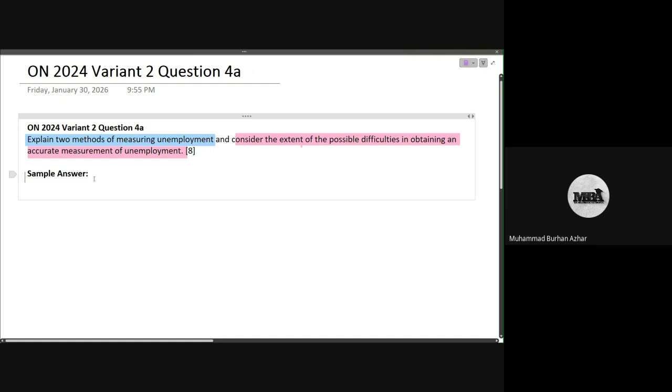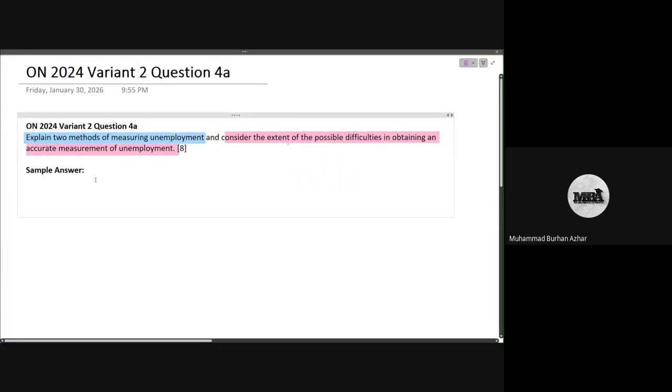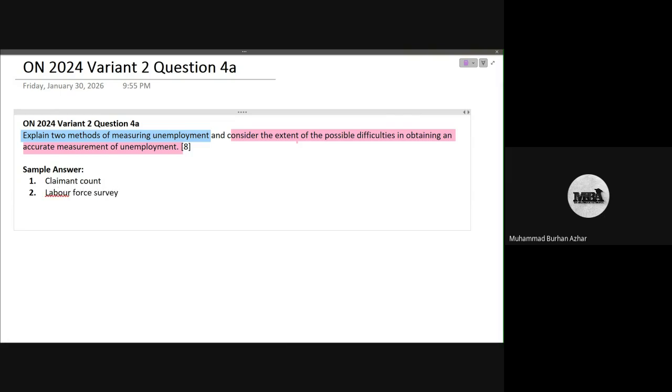unemployment. So the way that we're going to approach this question is we will start with talking about the two major methods of measuring unemployment, which are the claimant count and the labor force survey. We're going to explain how these methods work and how we measure unemployment through these.